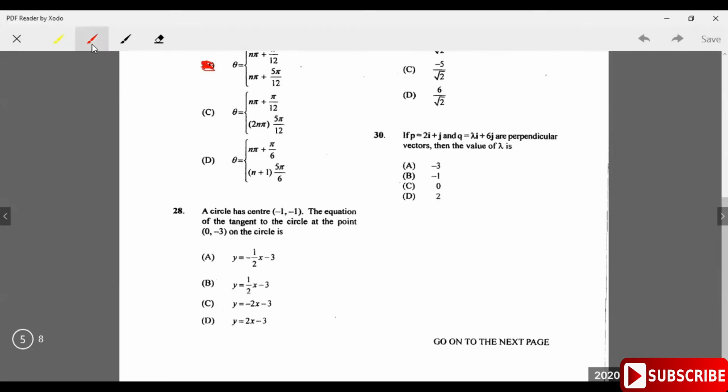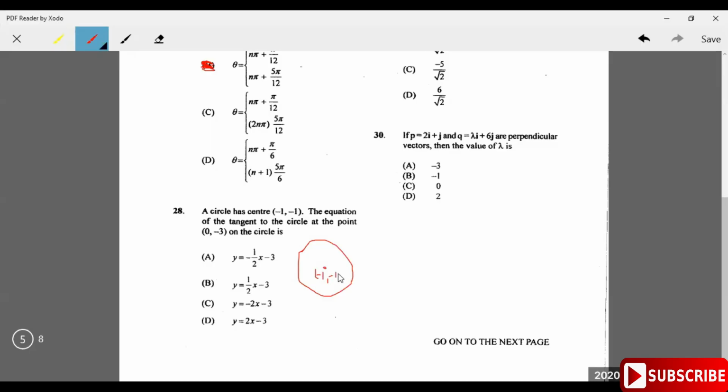Question 28. Question 28 is asking us to find, it says this, a circle has center -1, -1. And they want to find the equation of the tangent at the circle at the point 0, -3. So if you were to just draw a little circle, mine clearly is not drawn properly, but they tell us that the center of the circle is -1, -1.